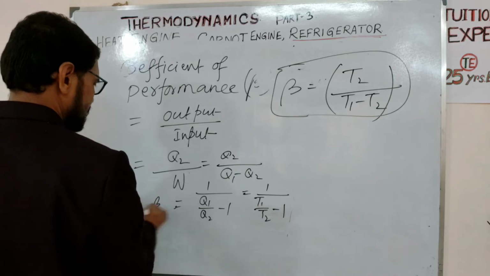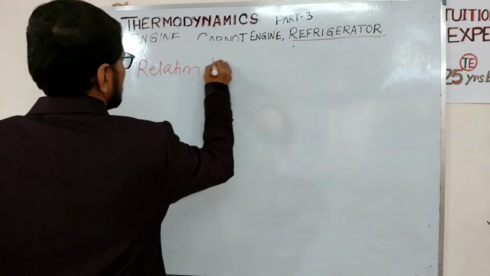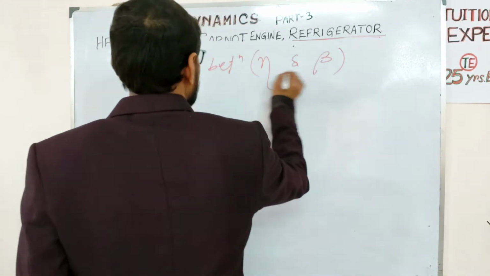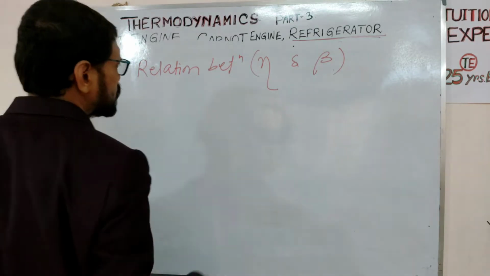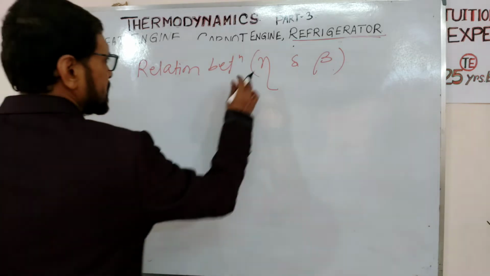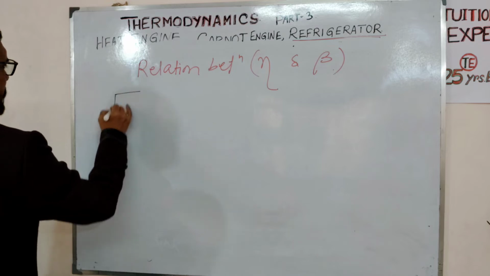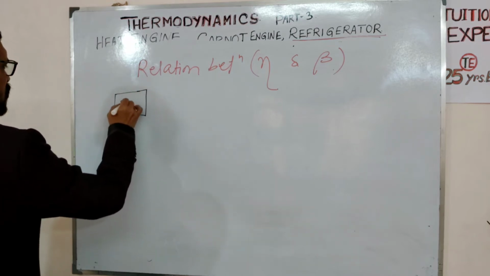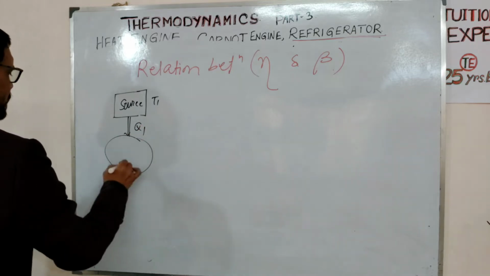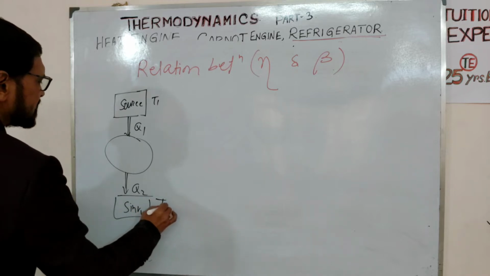Now this is called beta. Now the relation between eta and beta: eta is used in a heat engine and beta is used in a refrigerator, which is the coefficient of performance. To find the relation, we have to draw the source, temperature T1; heat is rejected, this is Q2; this is a sink, temperature T2.